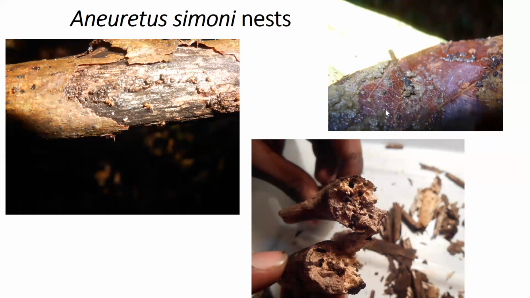Even this sort of mud on the leaf is actually the nest of Anaplolepis simoni we found during one of our surveys. Again, you can break the piece of wood, and within that you even find the sand at the locations where we surveyed.